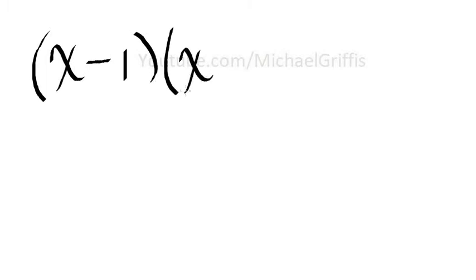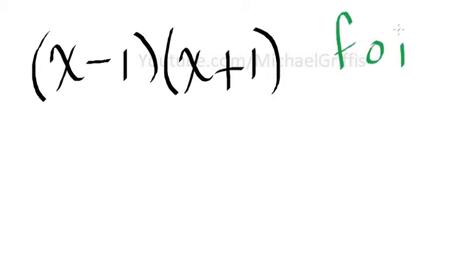Okay, let's try one more before we go. We have x minus 1 times x plus 1. Okay, so we remember FOIL. So our first terms, x times x is x squared.